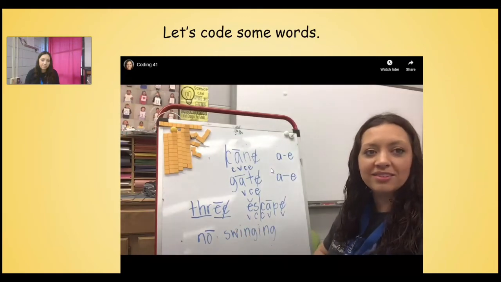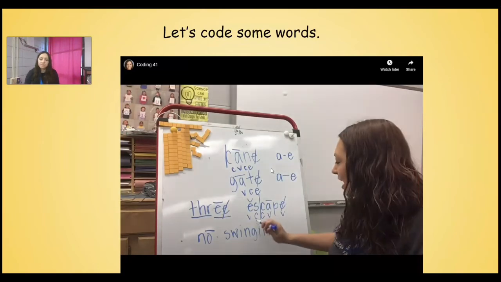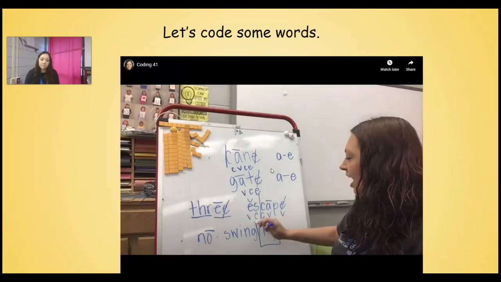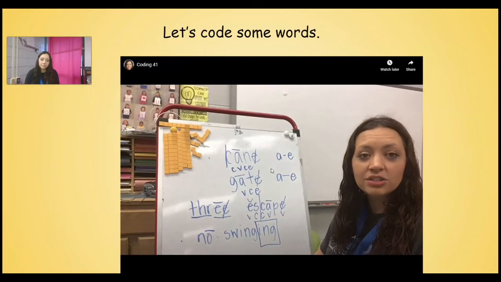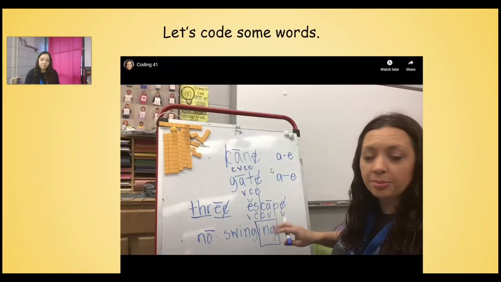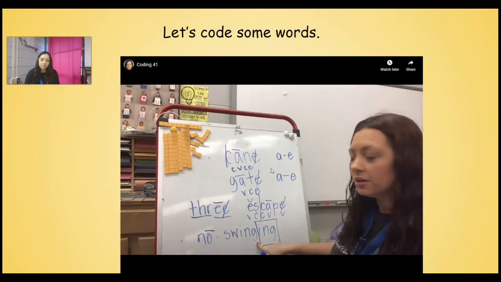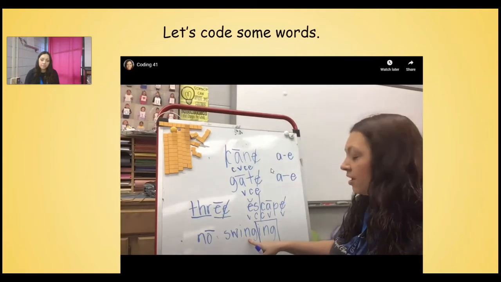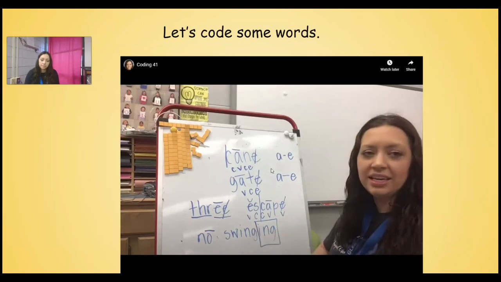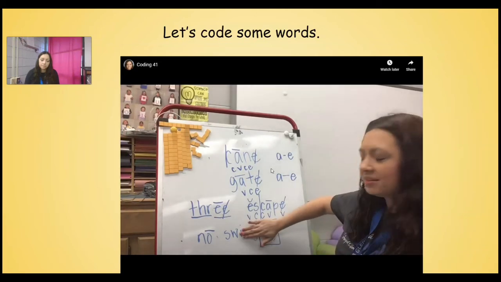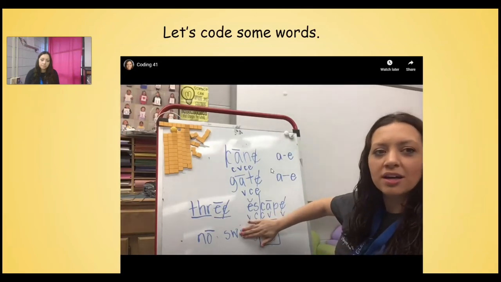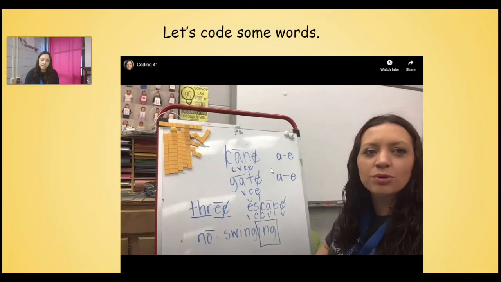Ooh, this is a long word. What do you notice about it, though? That's right. It has that ing suffix. So I'm going to box that off because I'm going to read that separately. And then let's look at the rest of the word, the root word. I see the ing again, but when I cover up that, it's just the sw sound. So that's not a root word by itself.